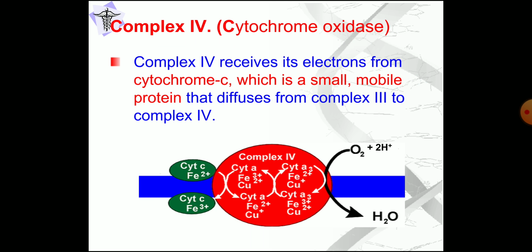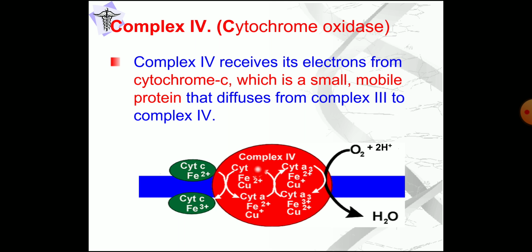This is complex 4, where you can see the electrons are given and then taken by cytochrome A3, and finally transferred to oxygen, giving water. In cytochrome A, you can see the iron plus the copper, and there are two types depending upon the heme.